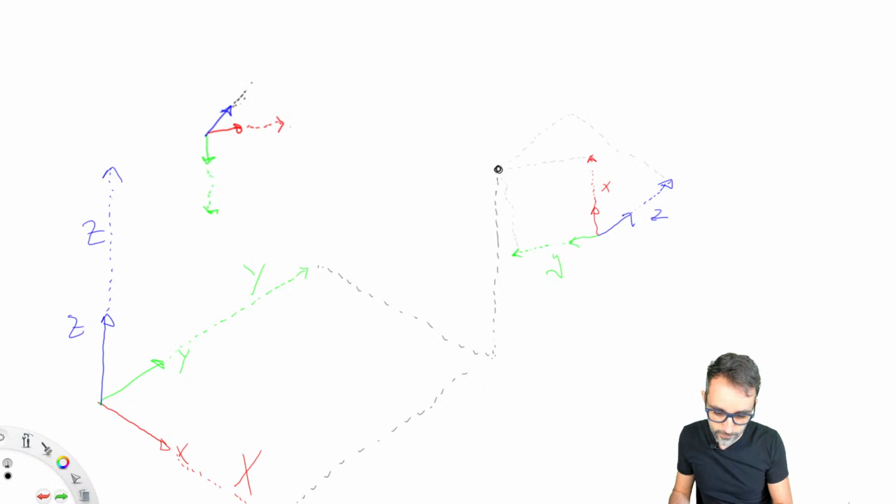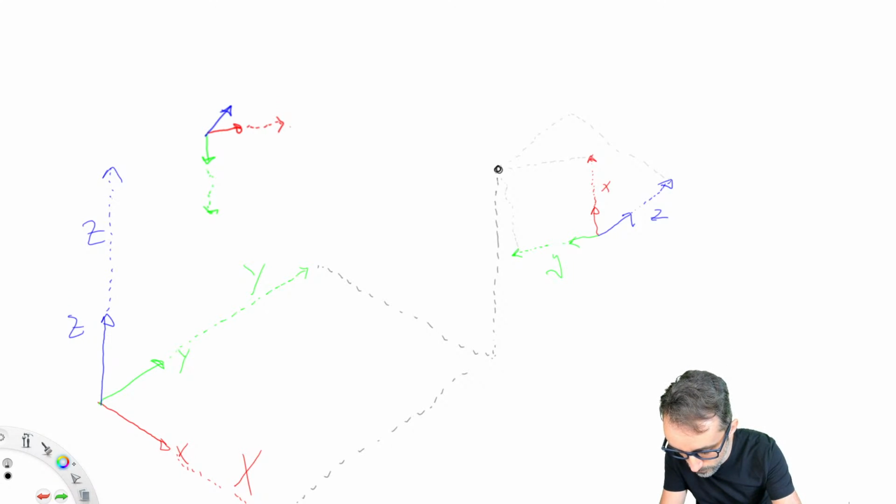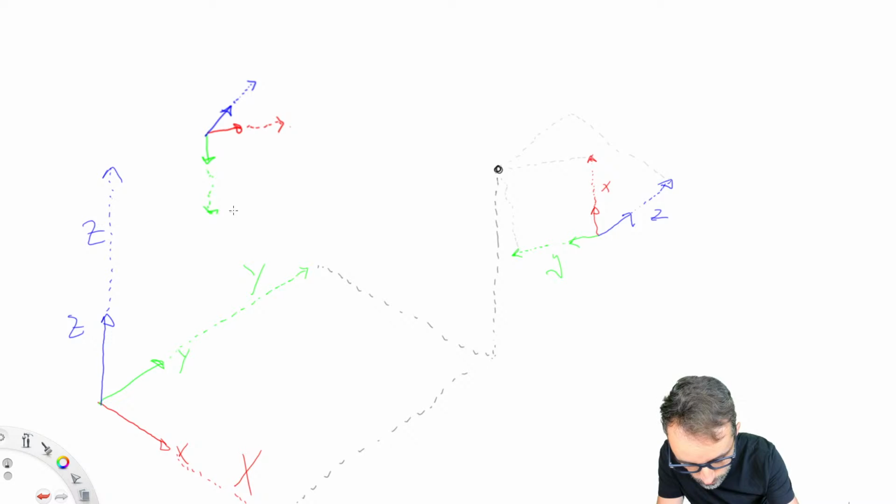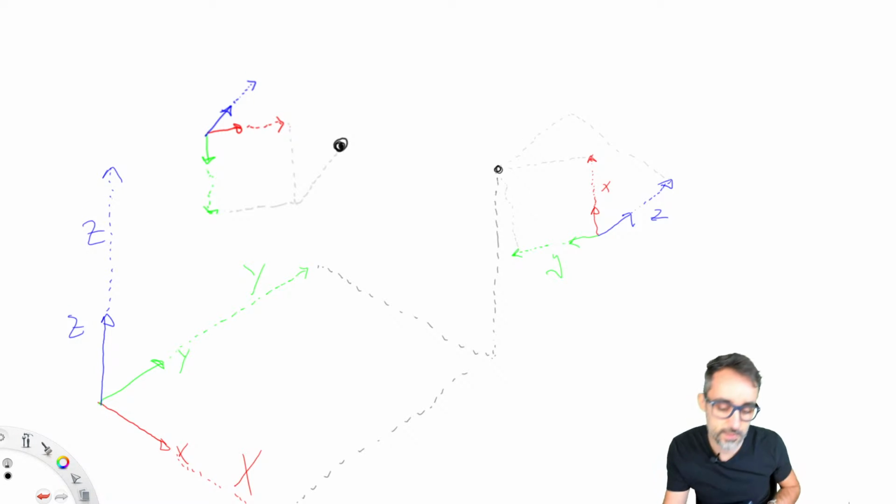Oops, nope, that was black. And then here, and then what I can do is say, all right, so this is, and this is, and this is where the point would be. My second point.